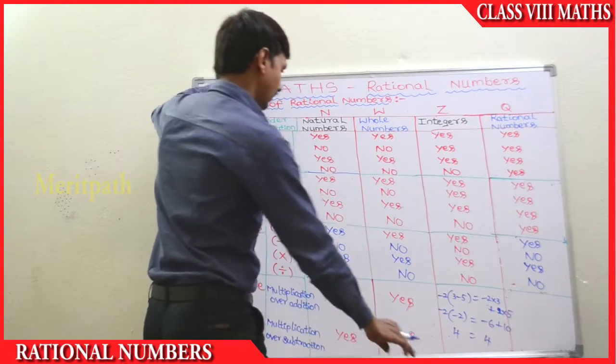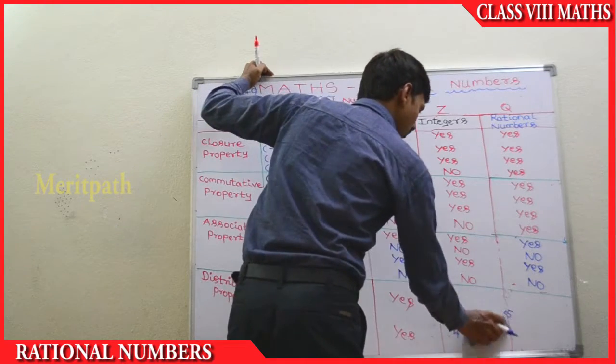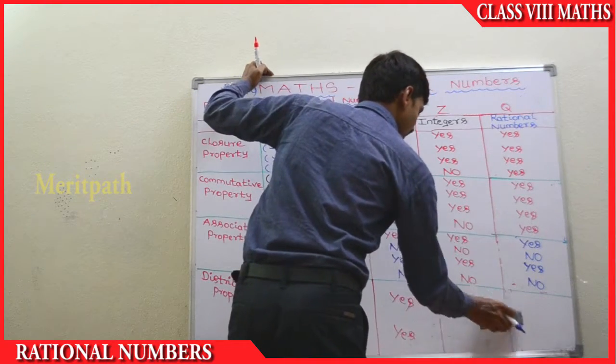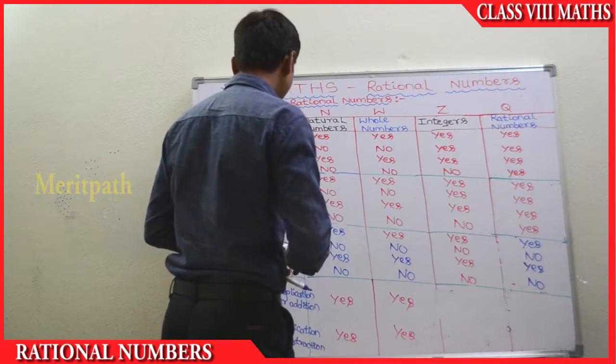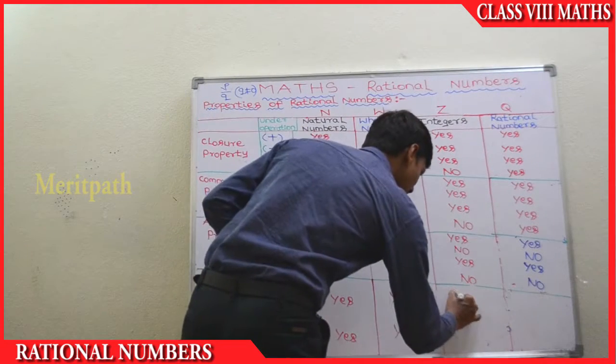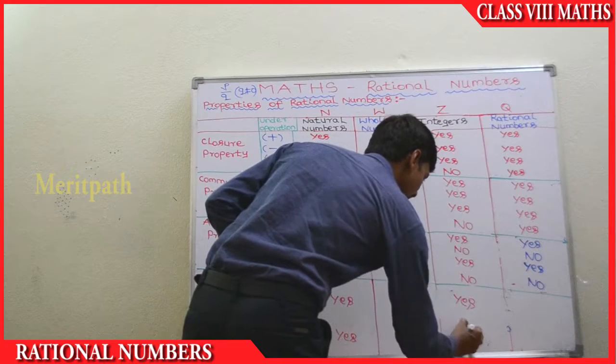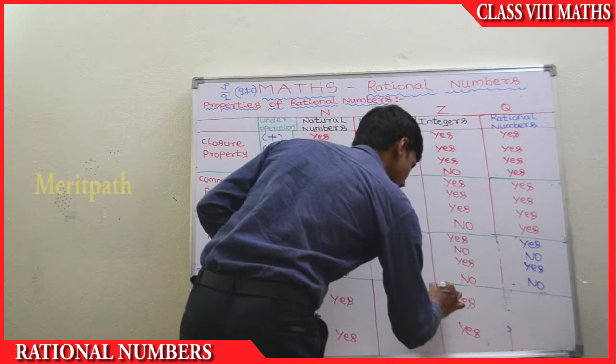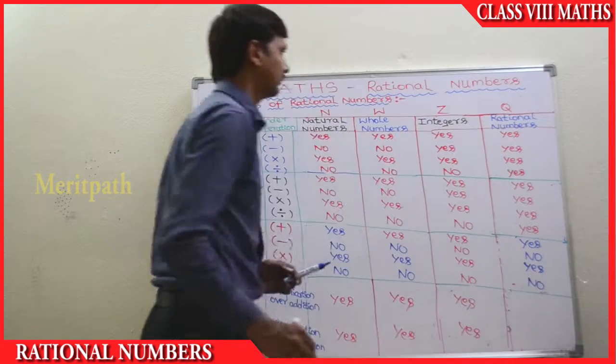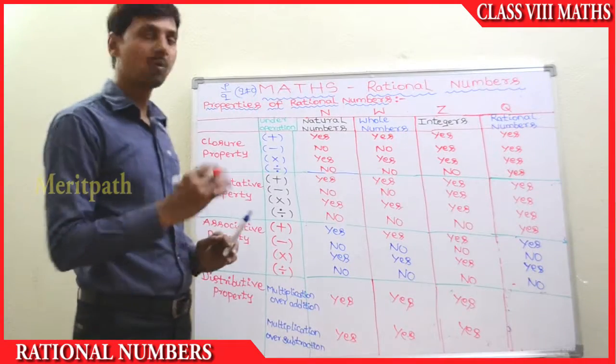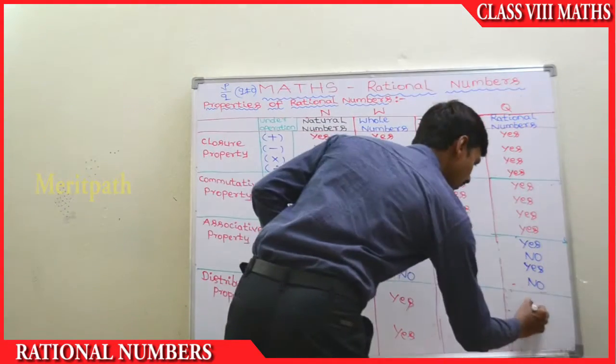So multiplication over subtraction is also possible. So addition is yes, and subtraction is also yes on integers. For rational numbers, multiplication over addition, yes, it's possible.